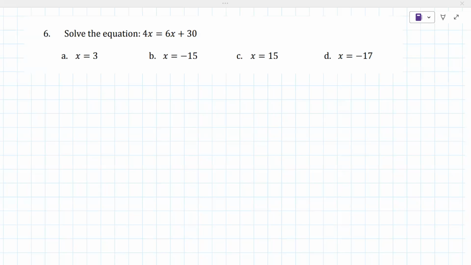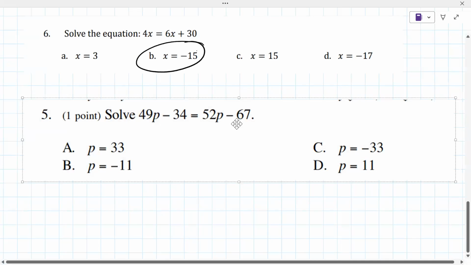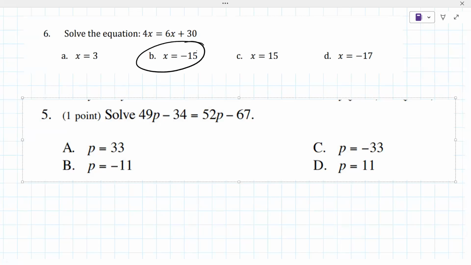B. It is B. Did you try the answers or did you solve it? I solved it. Okay. So here's a problem where you probably do want to solve it directly because you don't have a calculator and these numbers are fairly large to multiply by.